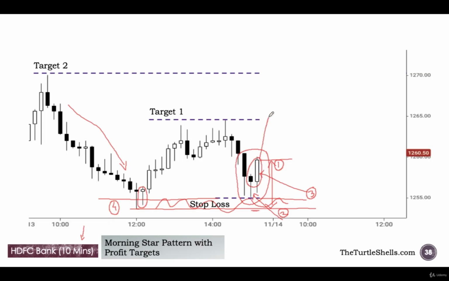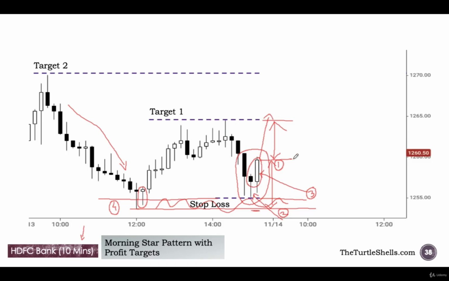I can quickly aim for a target here, first target, because I'm going with the momentum. I am not waiting for a daily time frame. It's not a daily candle. So I can go for a quick momentum trade because the reward to risk ratio on this is very low, even less than 1. So even though I would be uncomfortable, as an aggressive trader, I can quickly go for this kind of profit in the next 10-15 minutes, keeping my stop loss here.